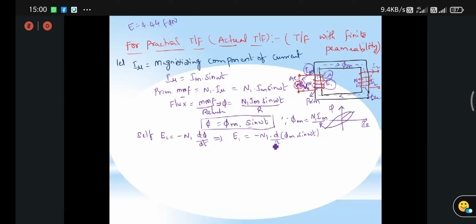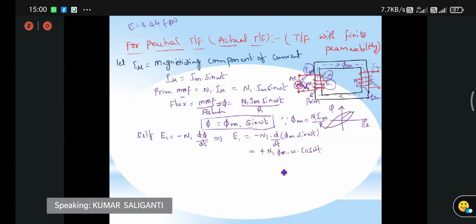If you differentiate with respect to t, sin gives cos, and the minus and minus combine to plus. So we get N1 phi m omega cos omega t.